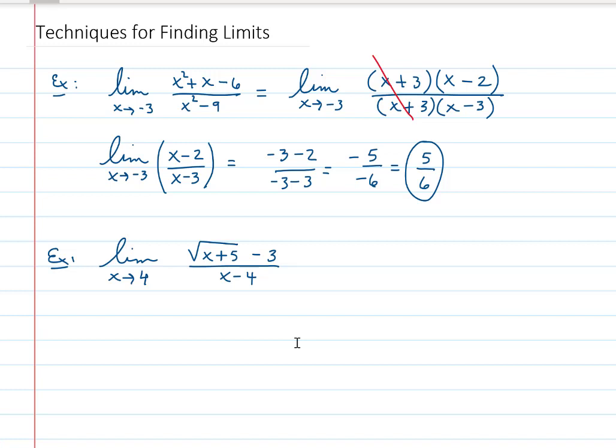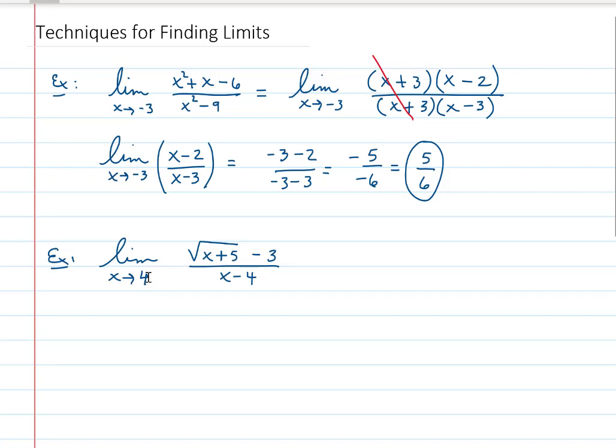Well, here we don't have a radical on the bottom, we have it on the top. But this process of rationalization is going to help us rewrite this function in a different way, so that we're able to direct substitute the limit point.